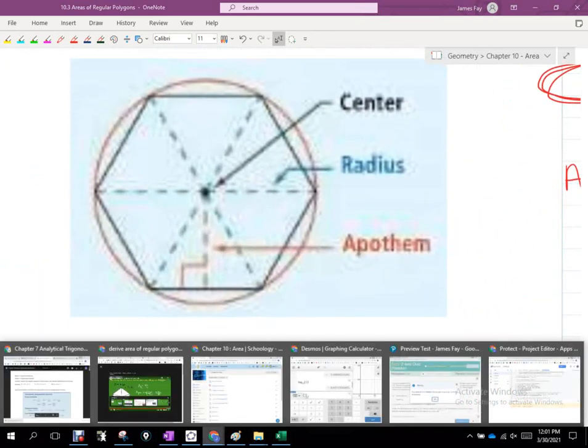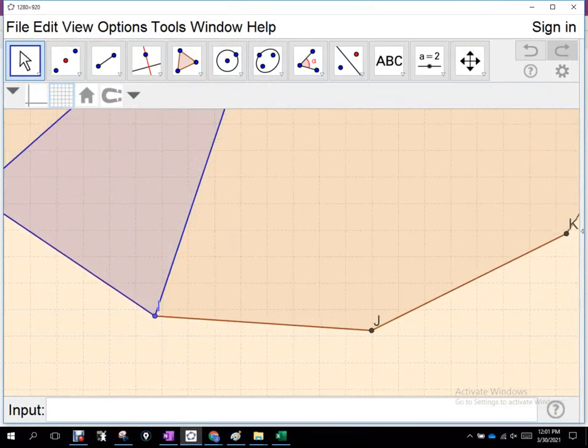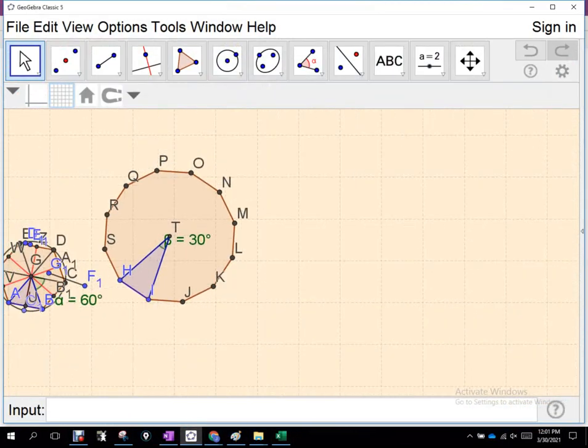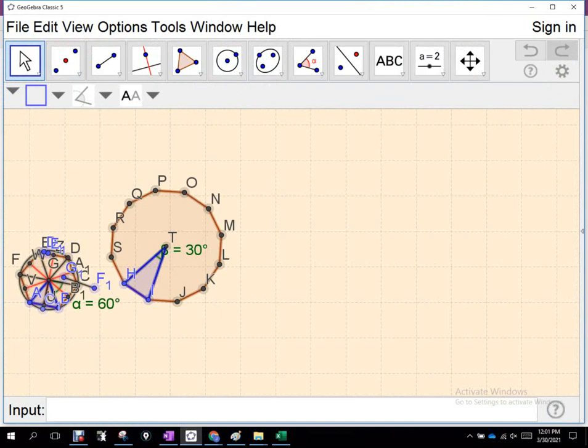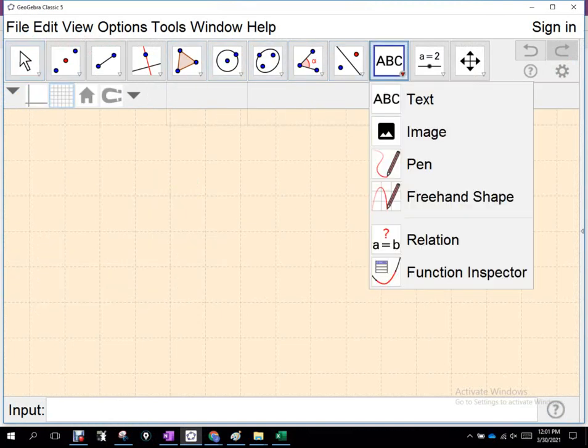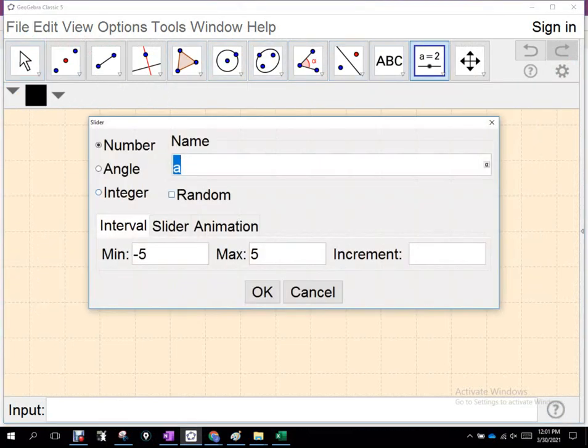Okay, so let's see if we can demonstrate this real quick. So we'll make a slider here that goes from 3, because 3 sides is the smallest polygon we can have, right? Okay. I'm going to make it go up to 50, in increments of 1.